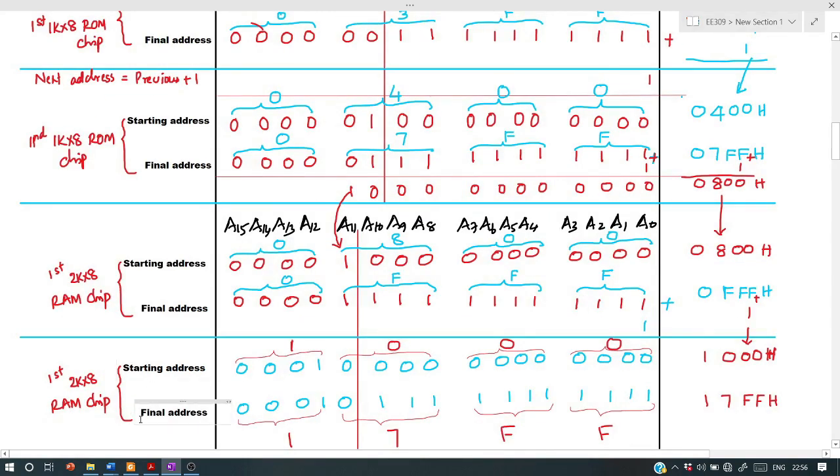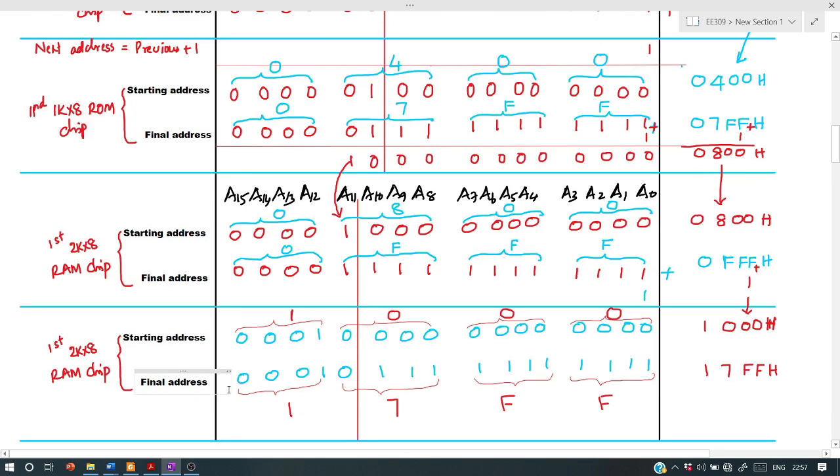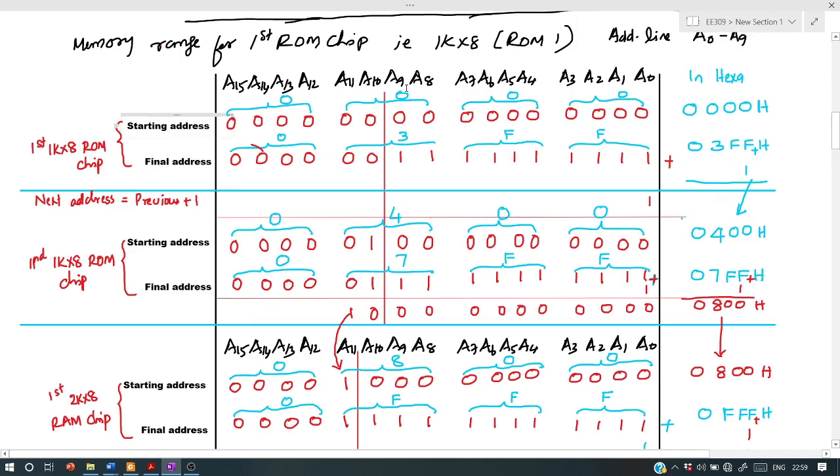Next we need to find out the final address. For that, from A0 to A10, we need to make 1. When we convert this into hexa, this becomes 17FFH. So the address range required to select the second 2K into 8 RAM chip is 1000H to 17FFH.